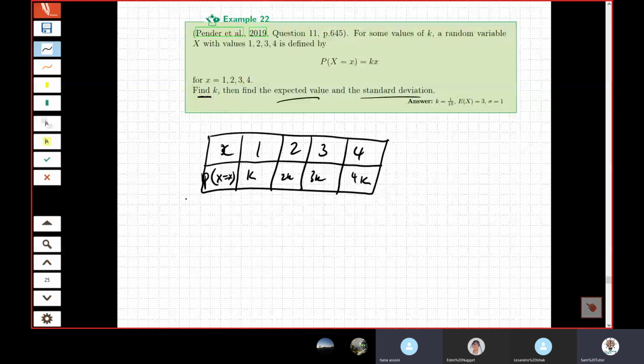I got 3 for the expected value. Perfect. And then for the standard deviation, I think I messed up. I'm going to try it again right now. Yes. So 2 over 10, 3 over 10, 4 over 10, and then you just do 1 squared times 1 over 10, 2 squared times 2 over 10.